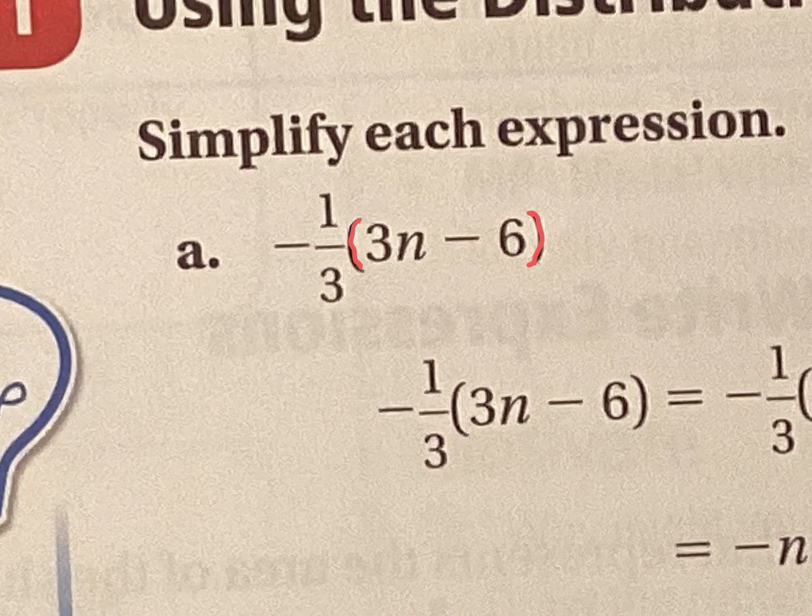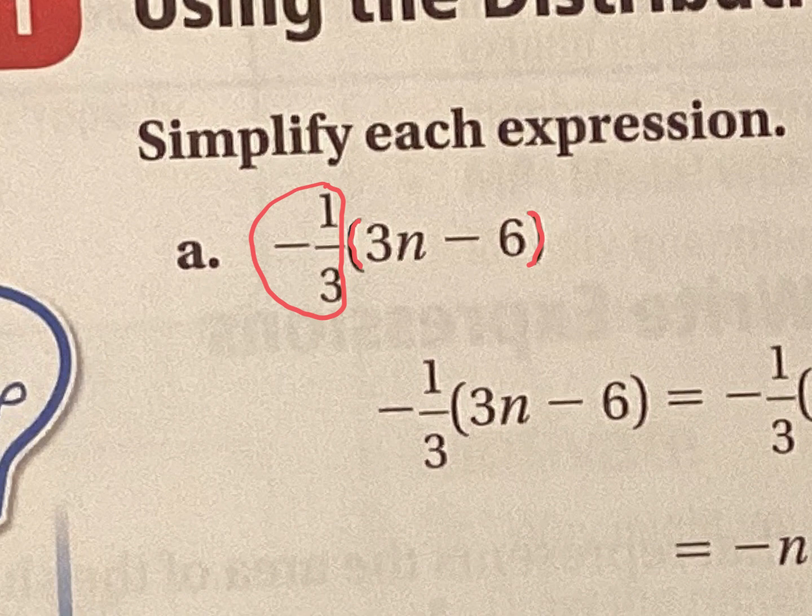And then on the outside, right next to it, you have this negative 1/3. And when something is right next to a parentheses like that, it means that you're going to multiply it. You're going to multiply that to everything within the parentheses.